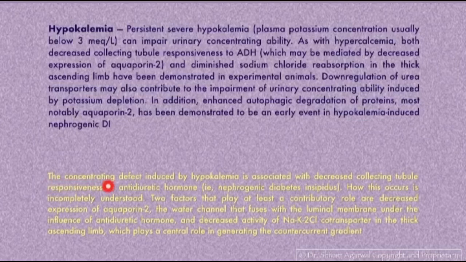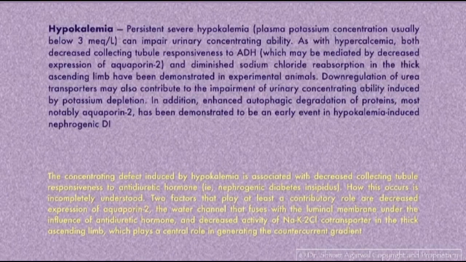The concentrating defect induced by hypokalemia is associated with decreased collecting tubule responsiveness to ADH, nephrogenic diabetes insipidus. How this occurs is incompletely understood. Firstly, there is decreased expression of aquaporin 2 channels, the water channels, and secondly, decreased activity of the sodium potassium 2 chloride co-transporter in the thick ascending limb, which plays a central role in generating the countercurrent gradient. So hypokalemia firstly decreases aquaporin 2, and their formation is also decreased.